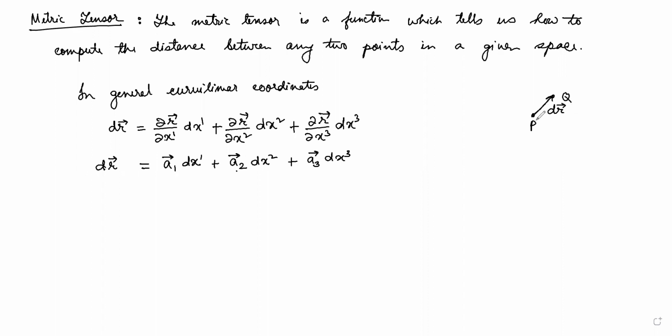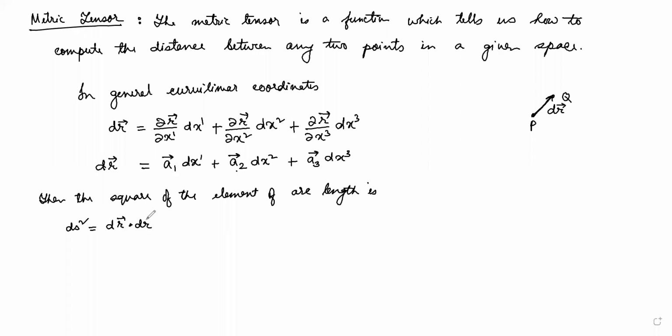So PQ is the displacement dr. Then the square of the element of arc length, ds², is equal to dr vector dot dr vector.